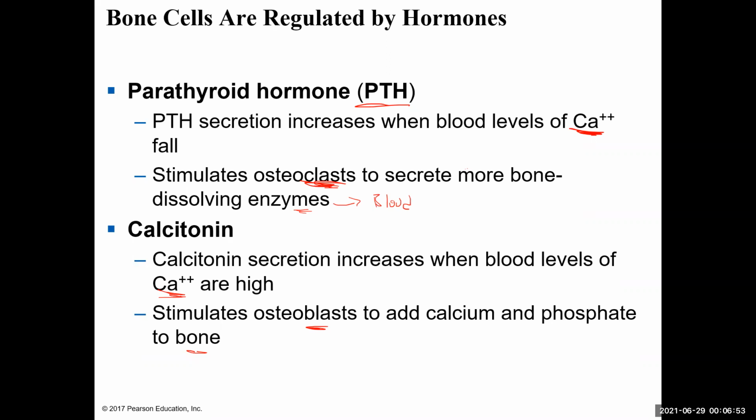And so the way the body does that is it says, okay, we need osteoblasts to add this calcium to our bones and to store that so that we can use it later if our calcium levels drop. Okay? So PTH increases when you have low calcium levels. Calcitonin increases when you have high calcium levels. And then high calcium leads to increased osteoblasts. Low calcium leads to increased osteoclasts. Okay.